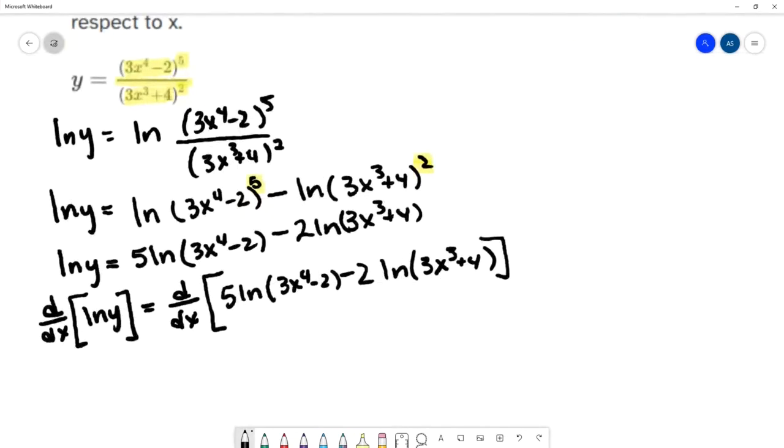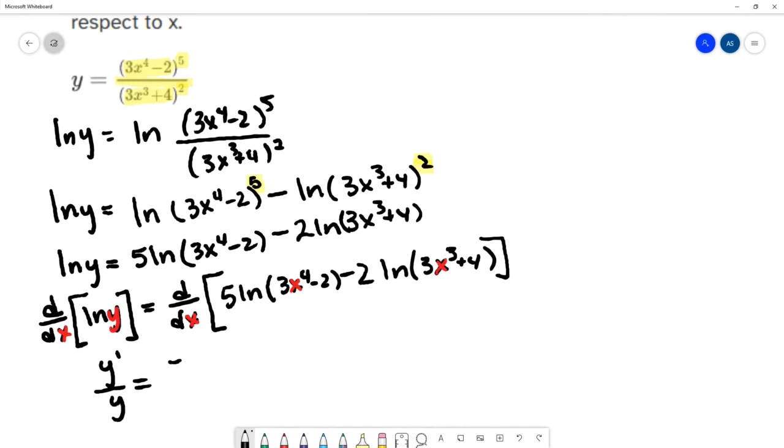On the left-hand side, we have a mismatch of variables, so we have to consider the chain rule. So this becomes y prime over y. On the right-hand side, our variables do match, and so we'll just use our normal derivative rule.